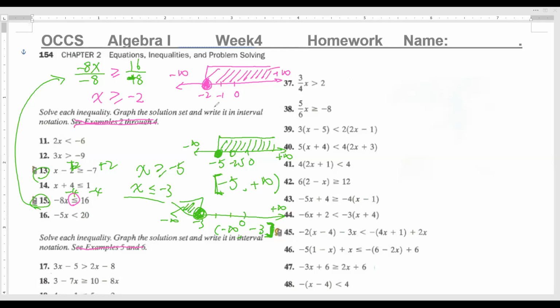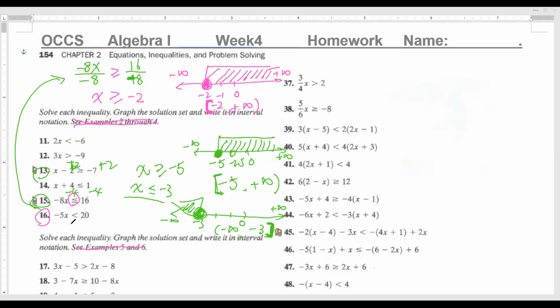So when you write interval, make sure you write smaller first, right? Small in the left, and use the left bracket, and then positive infinity. So that's it.